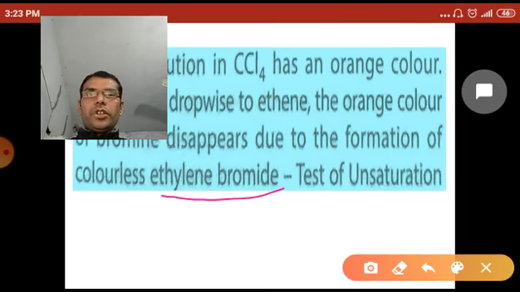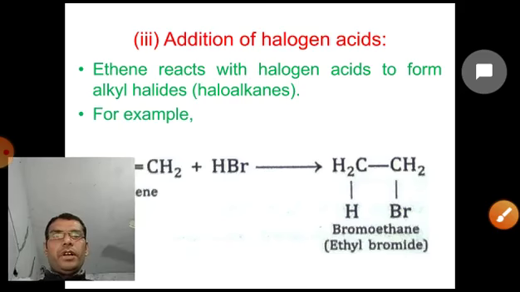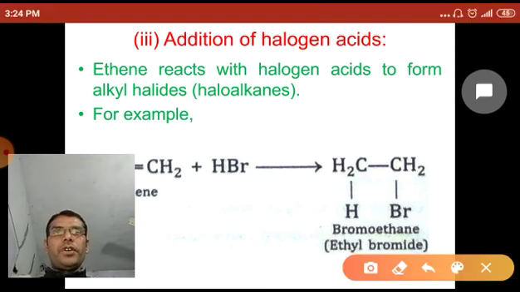So ethene is an unsaturated compound. We can test by using the orange color of bromine. If the orange color changes to colorless, then it means the given solution is an unsaturated compound.